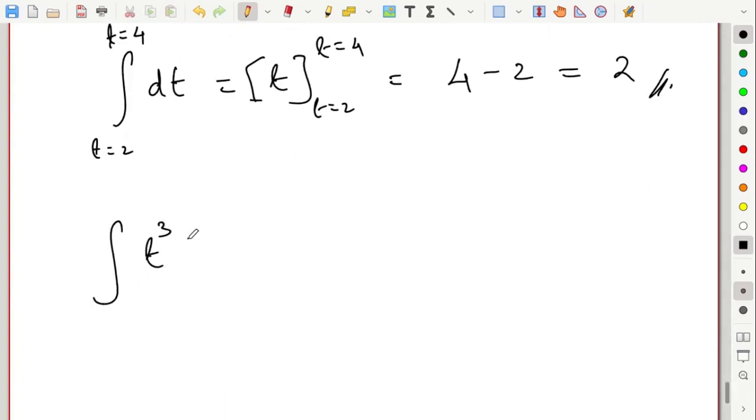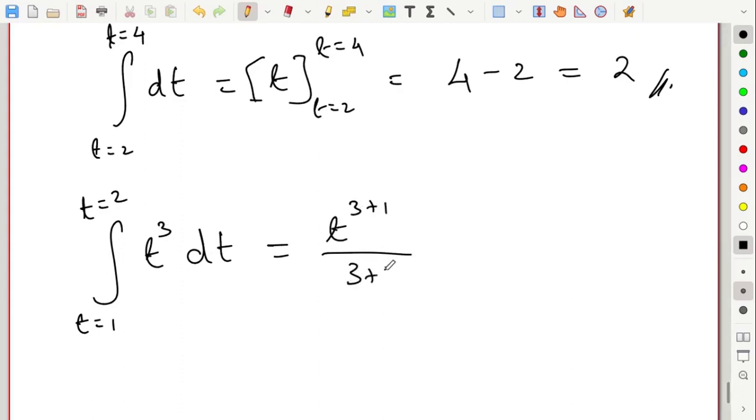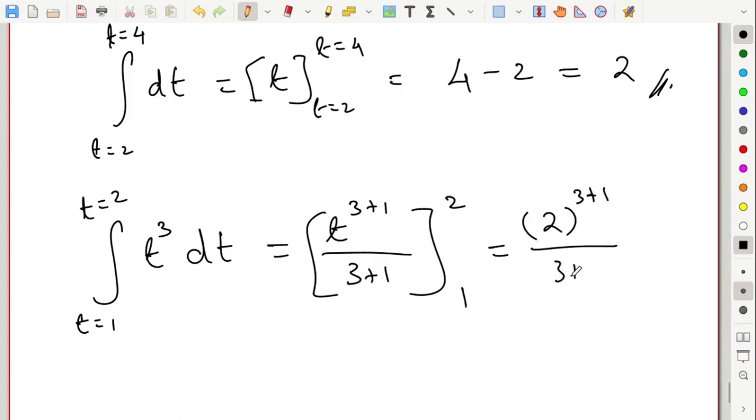t power 3, that is t cube dt, and we have t equal to 1 as the lower limit and t equal to 2 as the upper limit. If it is like this, what is the formula when you integrate this? t power n plus 1. Instead of n we have 3. So 3 plus 1 divided by 3 plus 1 within the limit of 1 to 2. Here I haven't put t. So what should you do? You have to put the upper limit. If you put the upper limit, it is 2 power 3 plus 1 divided by 3 plus 1, upper limit put, minus lower limit.